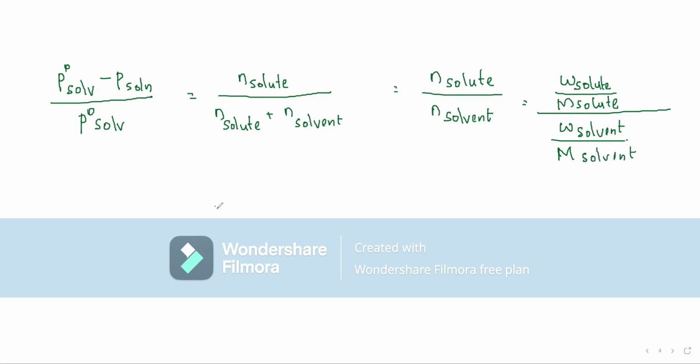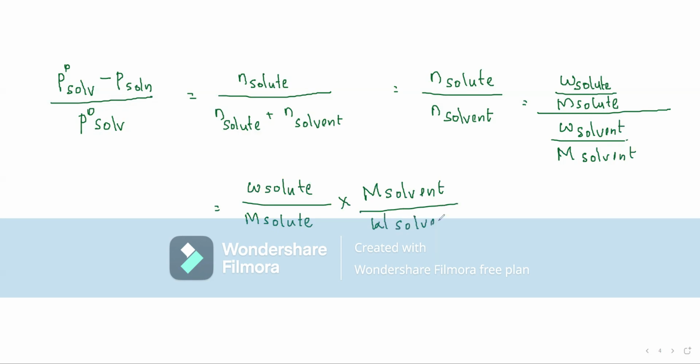Now I'm taking the reciprocal of the denominator and multiplying it with the numerator. So the numerator is W of solute by molecular mass of solute, into the reciprocal of the denominator, M of solvent by W of solvent.